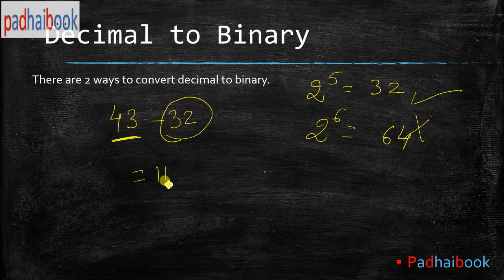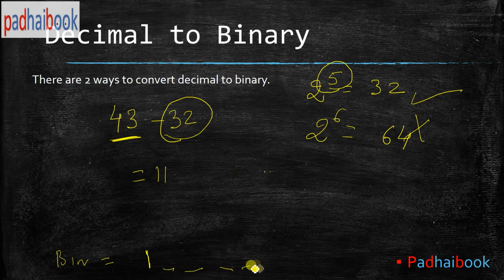I think I made a calculation mistake earlier. We have to remember that we subtracted the number from the 5th position, which is 2 to the power 5. So in our final binary number, we'll put a 1 on the 6th position.